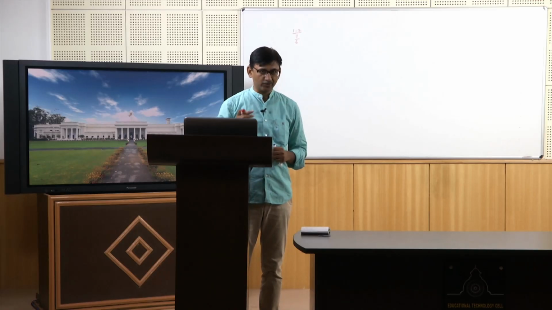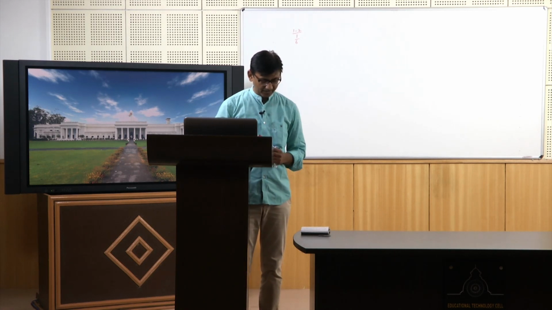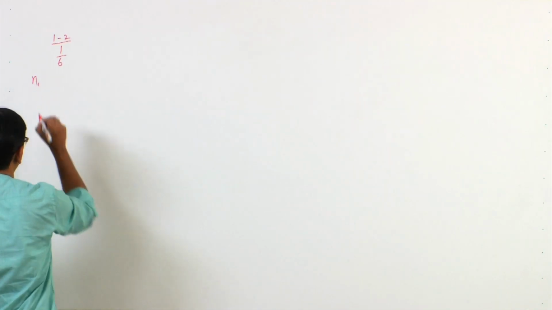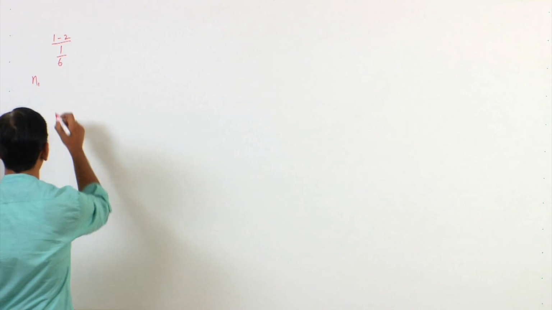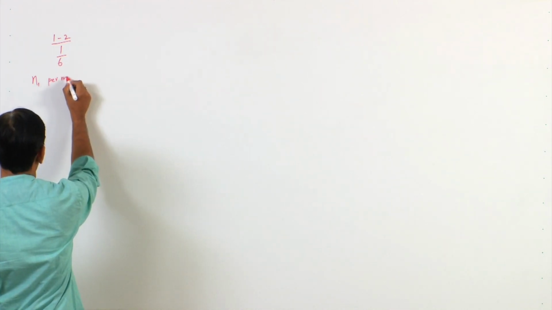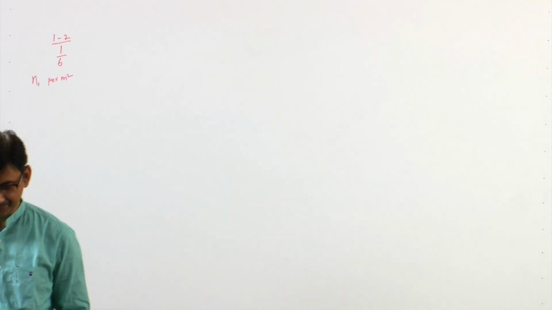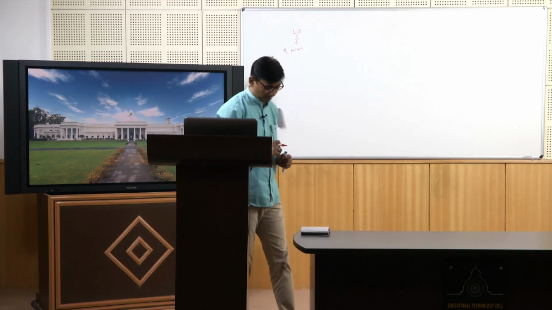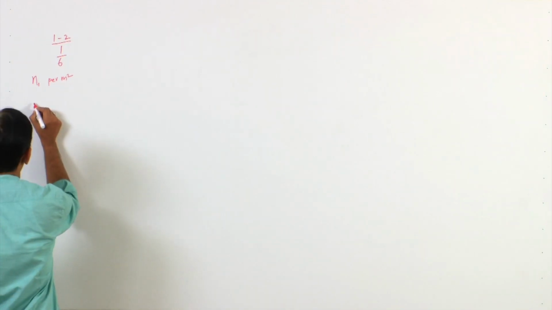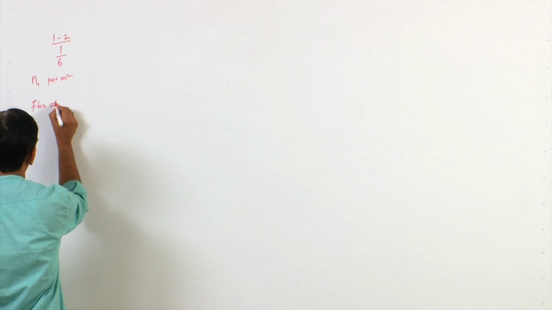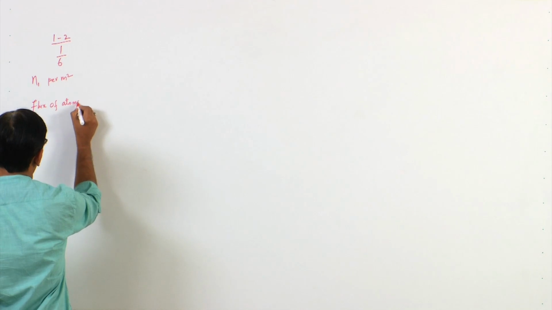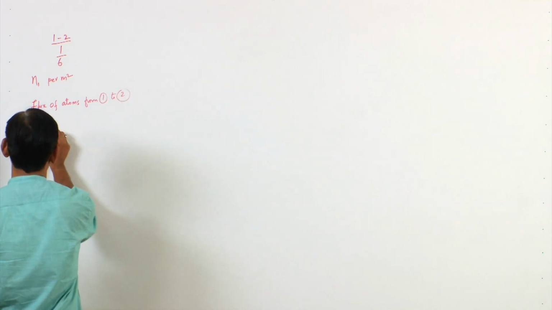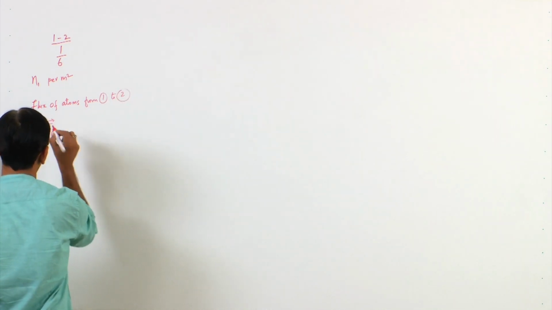Now, suppose there are n1 atoms of B per meter square in plane 1. Then what will be the flux of atoms in 1 second from 1 to 2? That will be given by JB, the flux we are defining here.